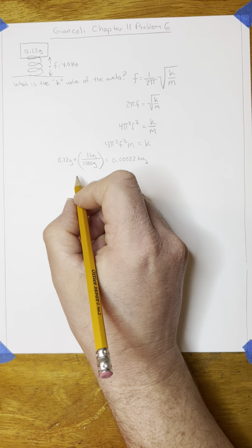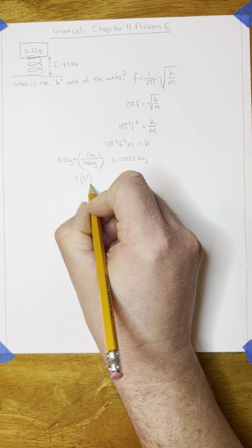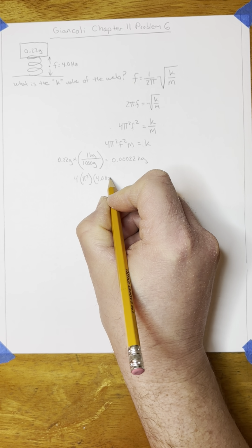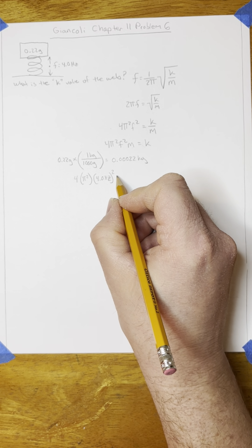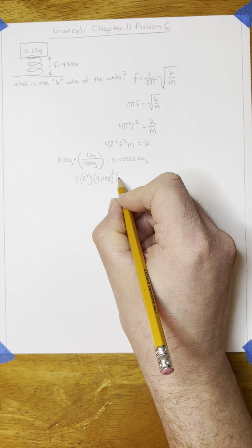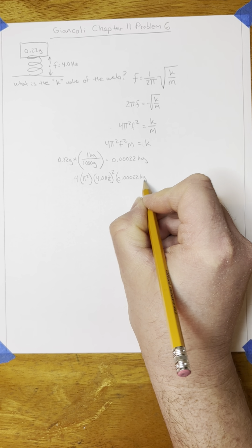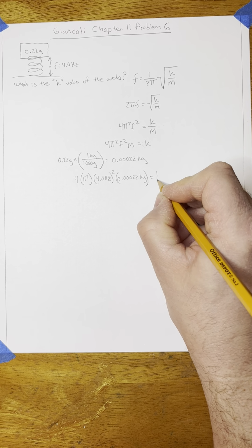And now we're ready to plug in. So we would have 4 times pi squared times 4.0 hertz squared times 0.00022 kilograms is equal to K.